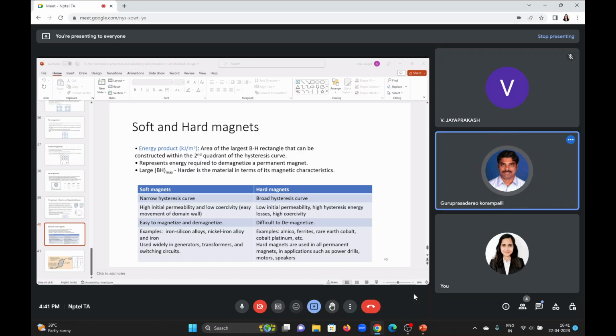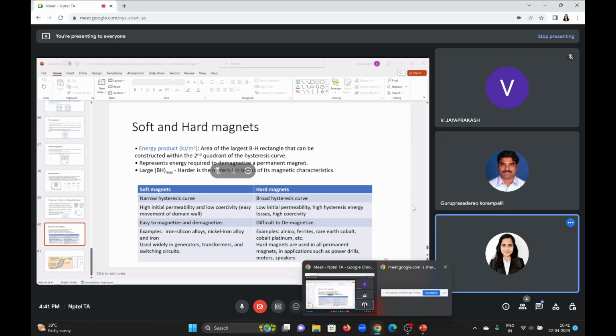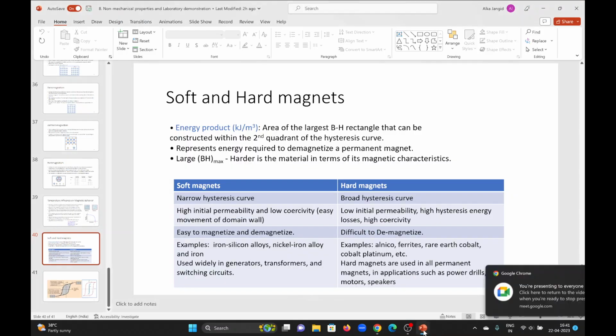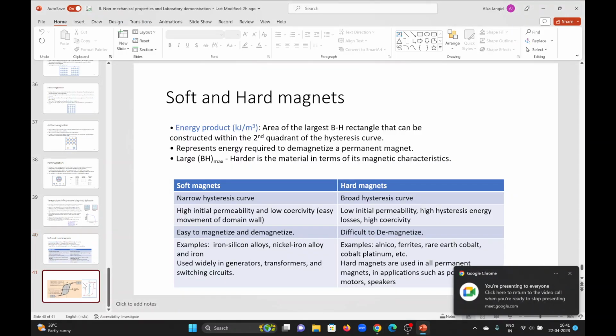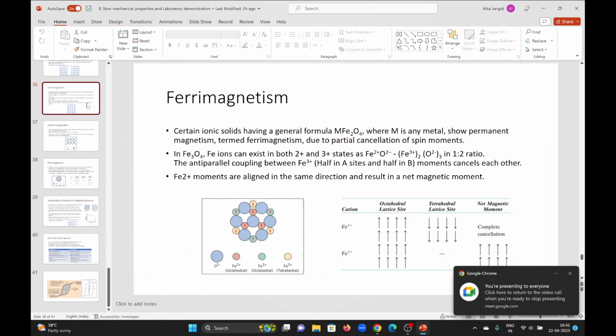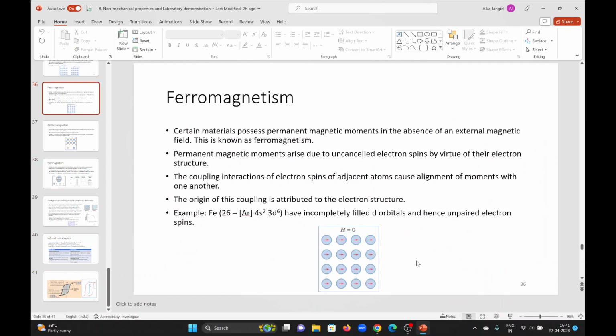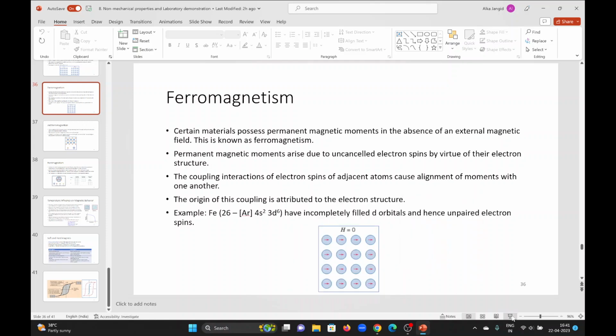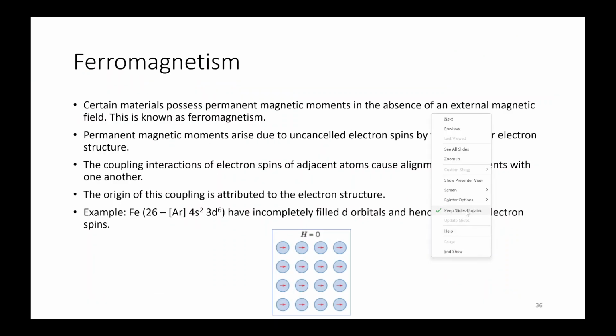Once again, please repeat, madam. Okay, let me use the presentation for an example. Consider this square on the presentation.